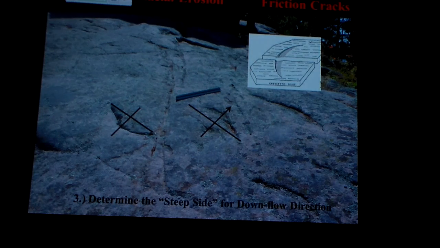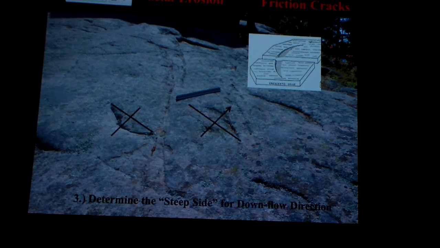But here's the trick. Notice in this particular smile here, the rock chip that was taken out is real gentle and kind of shallow slope here, leaving a real steep edge over here. Steep edge, gentle chip. Okay? That means this ice was moving across from the bottom to the top.